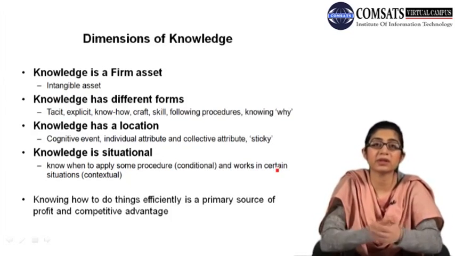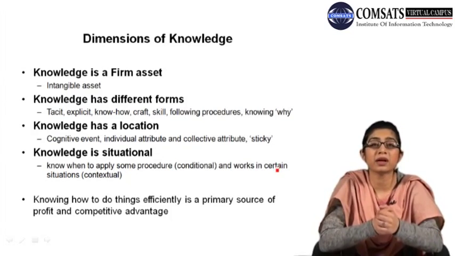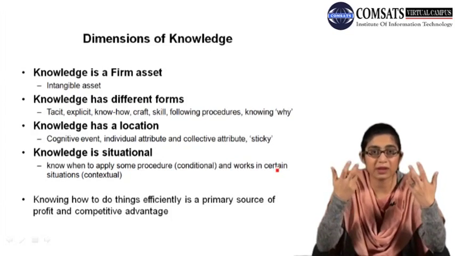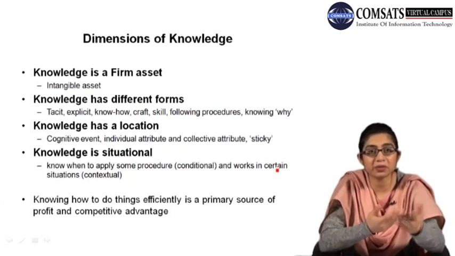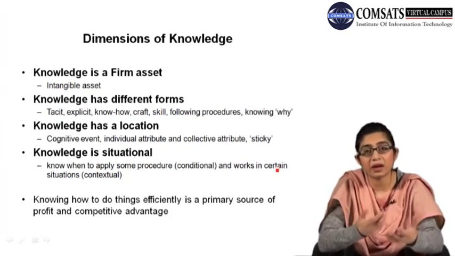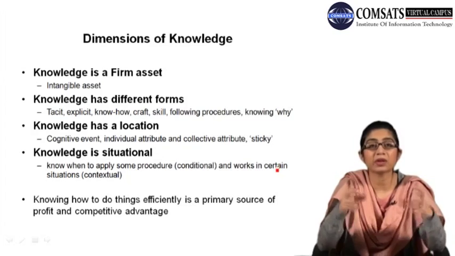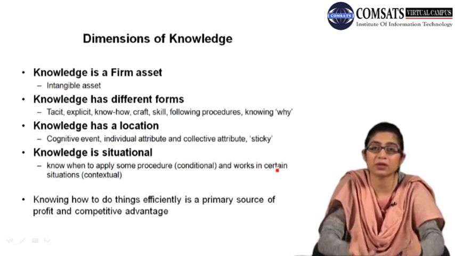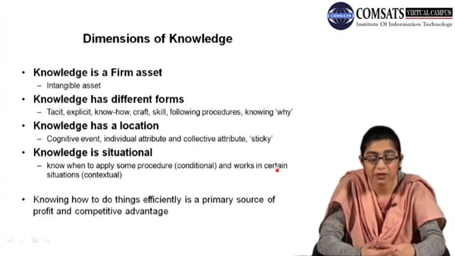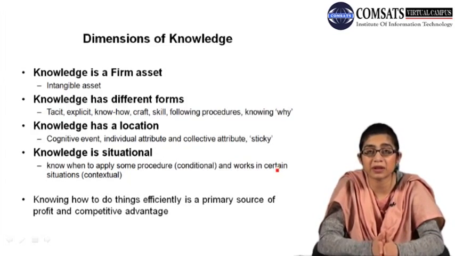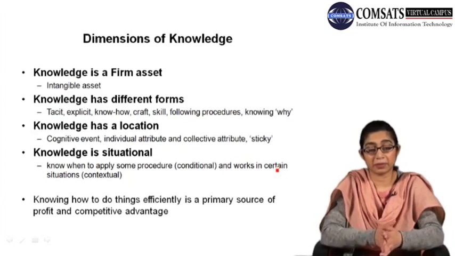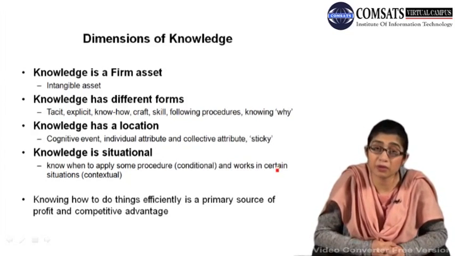Intangible, because knowledge is in the minds of people, and it cannot be touched. You can retrieve it by talking to people, by interviewing people, by asking for expertise, but you cannot actually touch that knowledge. It's not documented. So tacit knowledge can be a firm asset in the form of people.